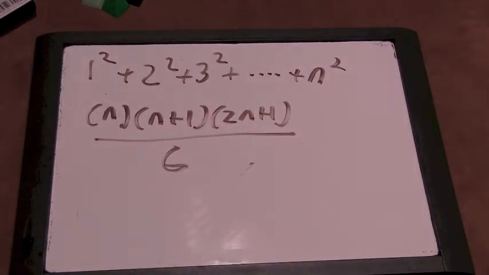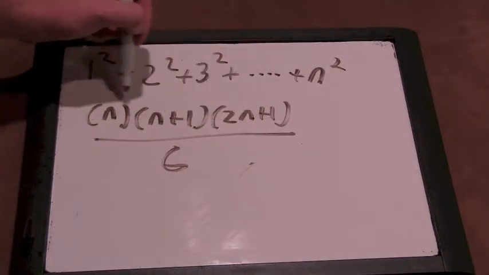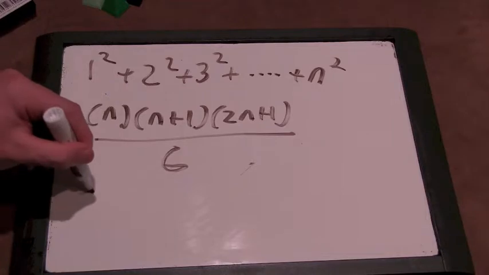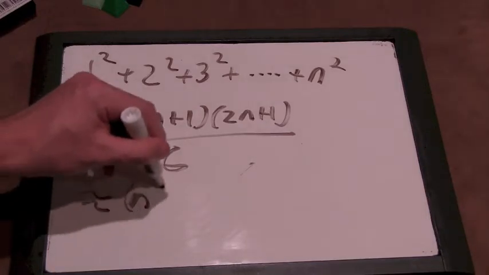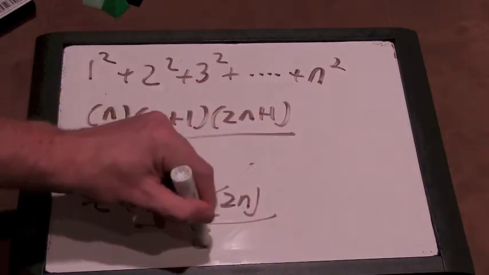As you get bigger and bigger, you're right that this 2n is the biggest term, but this is still pretty big. It's n, and this looks like n. So as n gets large, this starts to look like n times 2n all over 6.